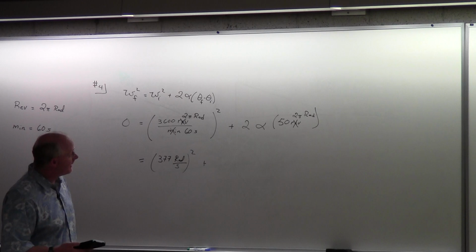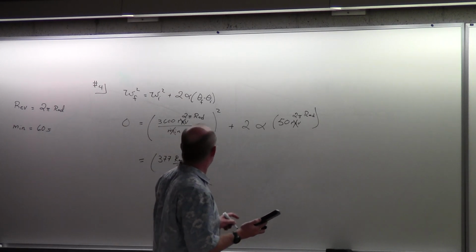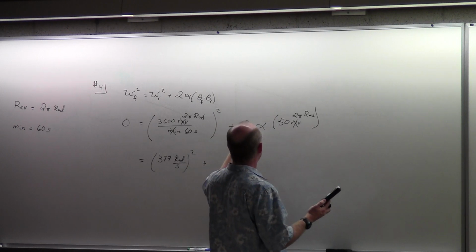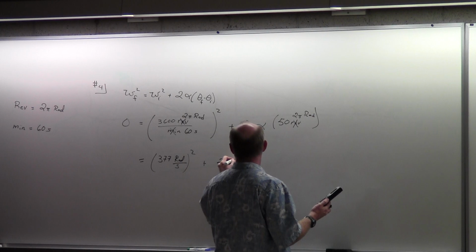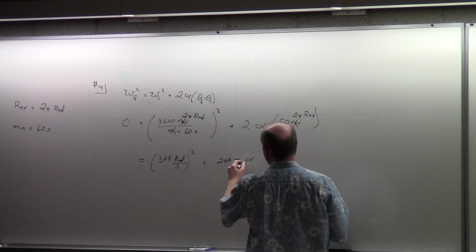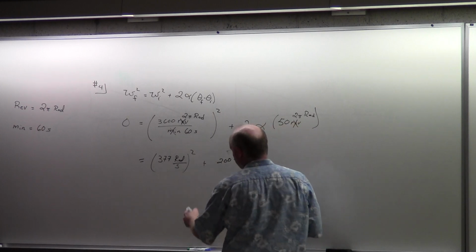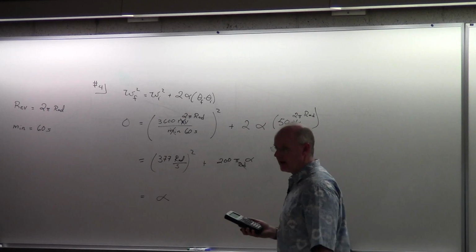And then over here would be 100, 200? So 200 pi times alpha. And you might even say radians. So one of the radians here will cancel with one of the radians there. But that should give me my alpha.